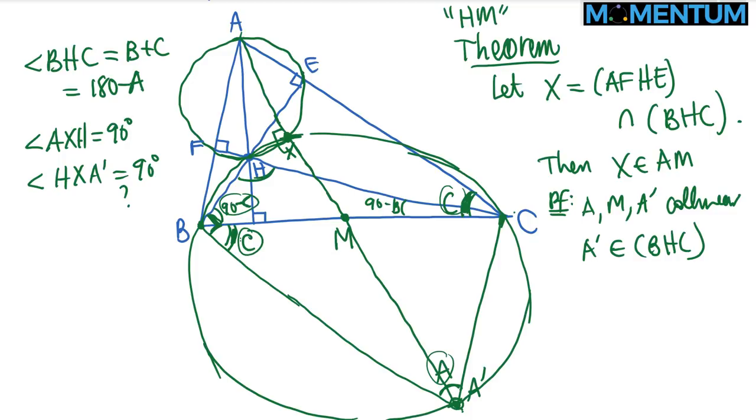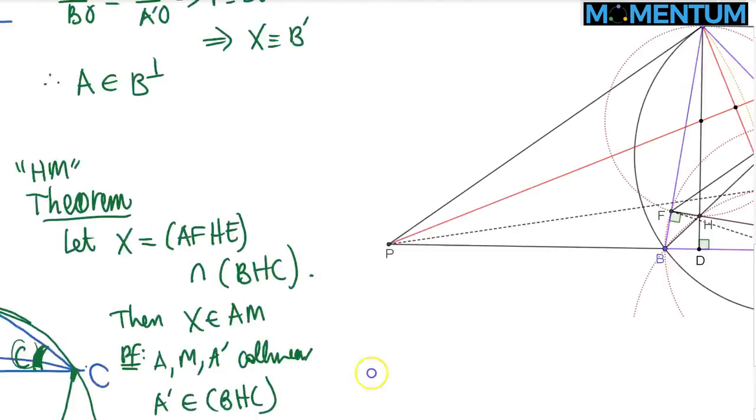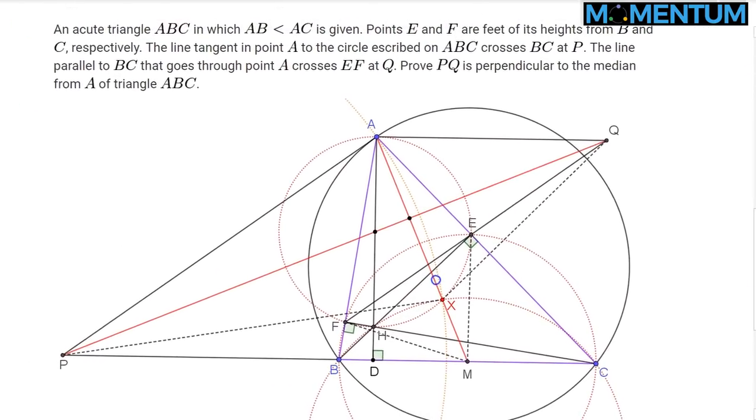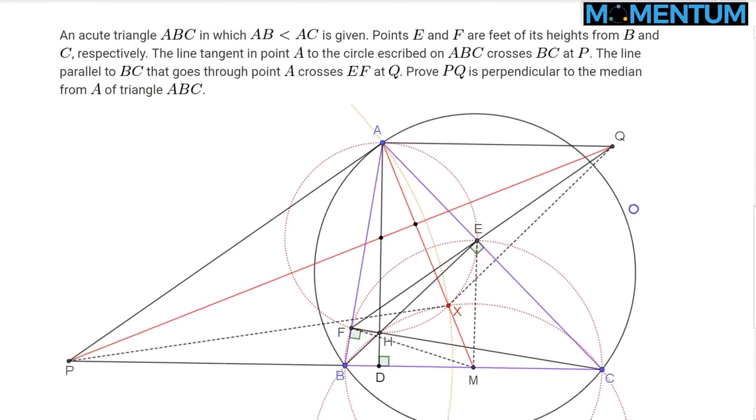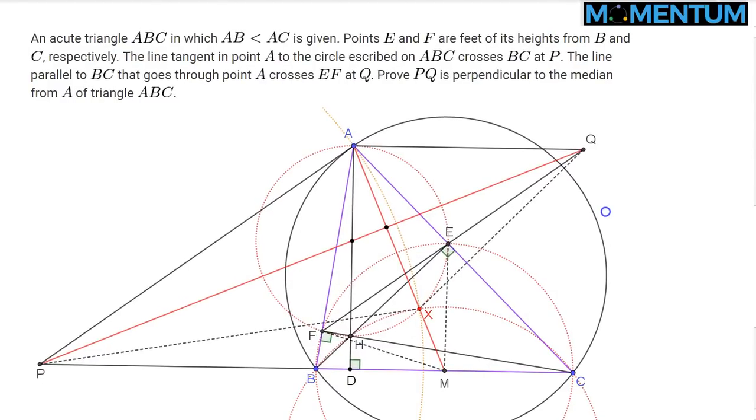So with these two results in mind, I'll go back to our problem at hand. I have a second picture of pretty much the same problem, and this time I did add quite a few additional circles and lines, and along the way I want to mention a few other quite interesting results.